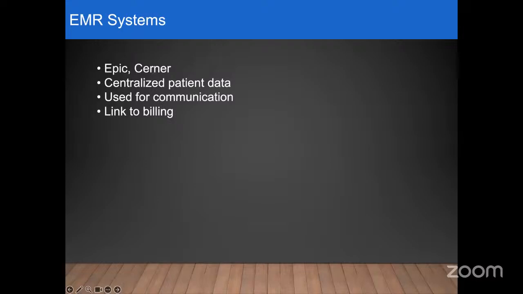And they are used to communicate across the healthcare team. They also integrate directly with billing, insurance systems, etc. And they can also be used for billing the procedures and the types of services provided. All of that can be done through the EMR systems.